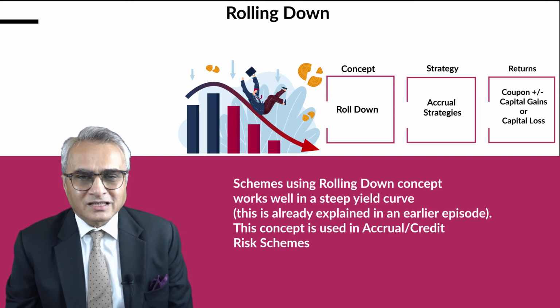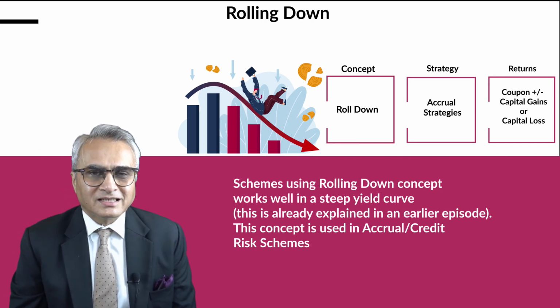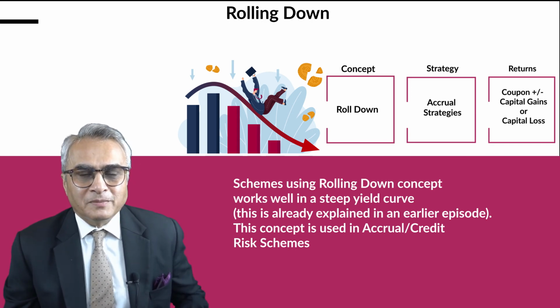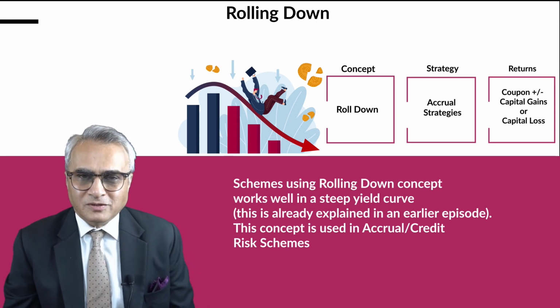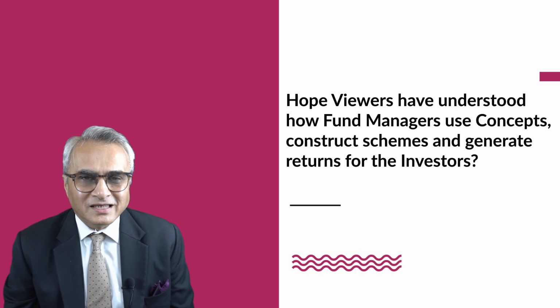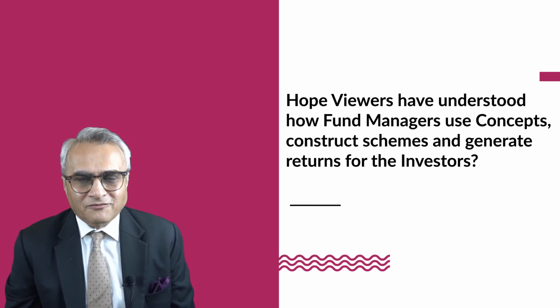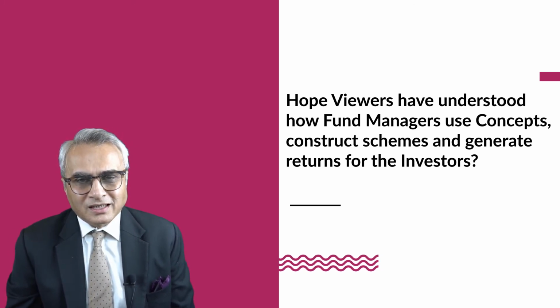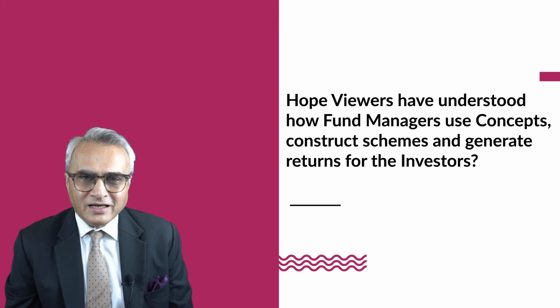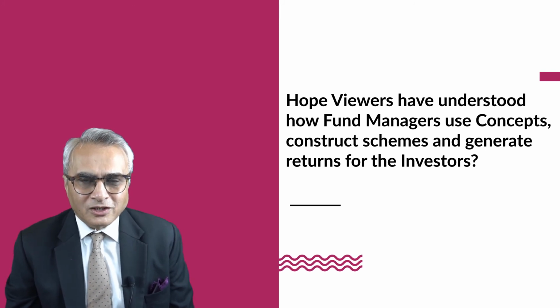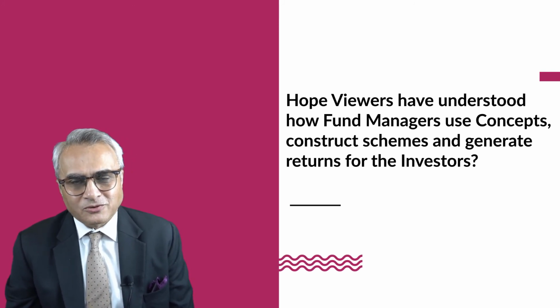So this particular scheme in a steep yield curve will not only give you accrual on 12-month paper and 18-month papers, but will also generate some capital gains when the 18-month paper rolls down to 6 months in residual maturity. I hope viewers have understood how a concept of HTM and a roll down is used by fund managers to construct different types of schemes ranging from fixed maturity plan to accrual plan to credit risk space also.